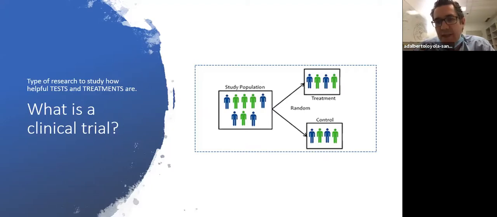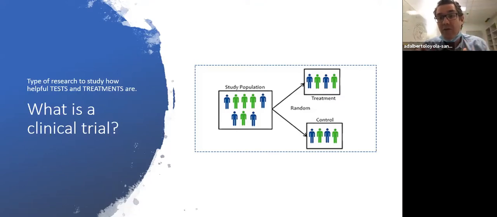And if there is a difference, then you could attribute that difference to your test or to your treatment. Not every clinical trial has randomization in there. Randomized controlled trials are the strongest designs we have in clinical trials, because by randomly assigning people to 2 groups, we assume that the random differences among the people who could potentially produce a change over time are equilibrated in both groups.